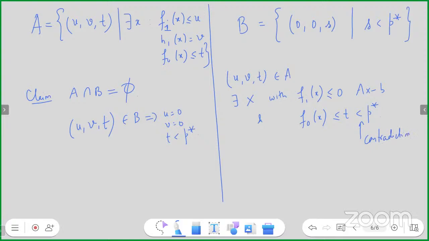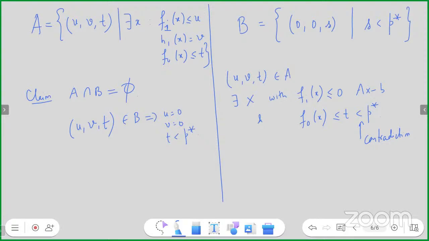Now, by now in the course, whenever I find two sets whose intersection is empty, you should know what to do next. That's really one tool we've been exploiting over and over, between a point and a set and between two sets.